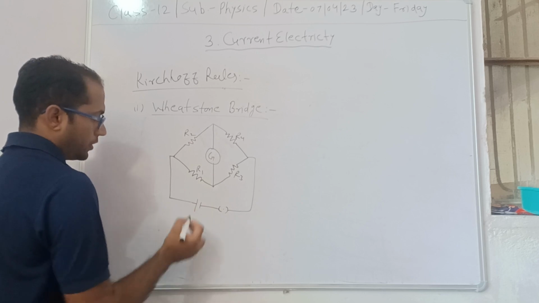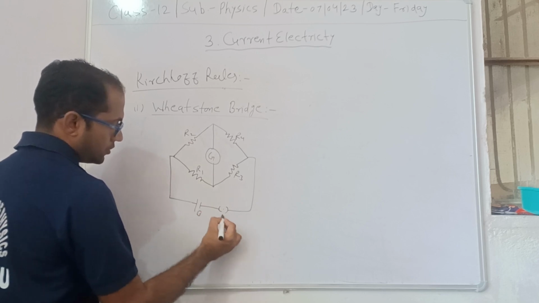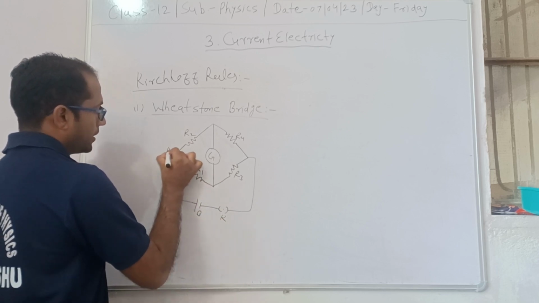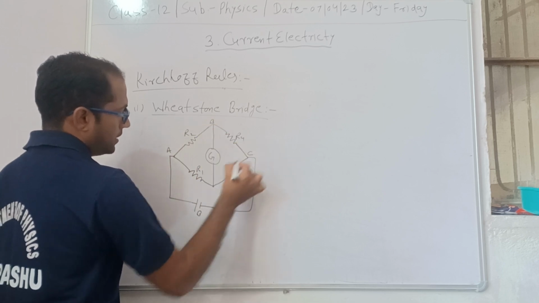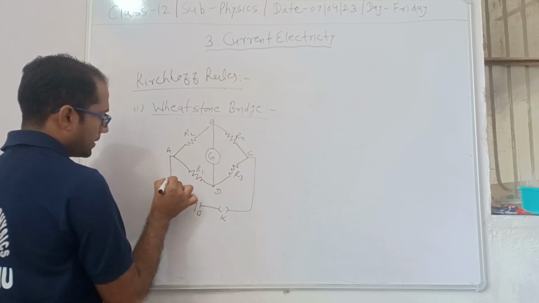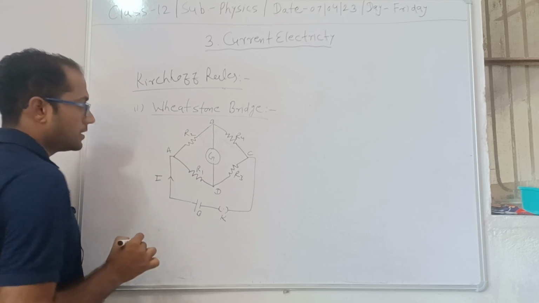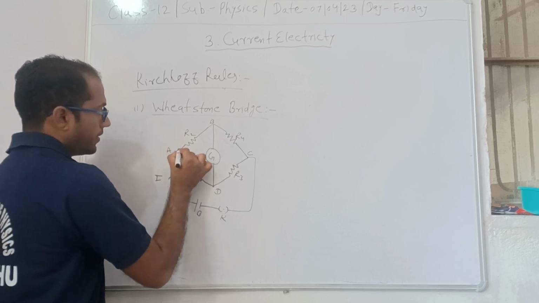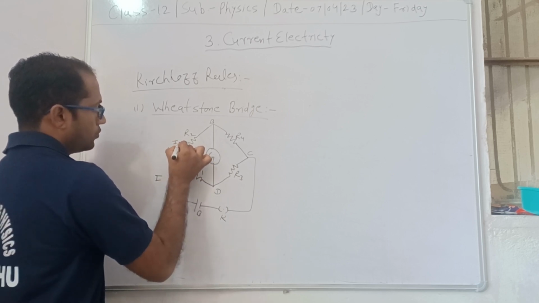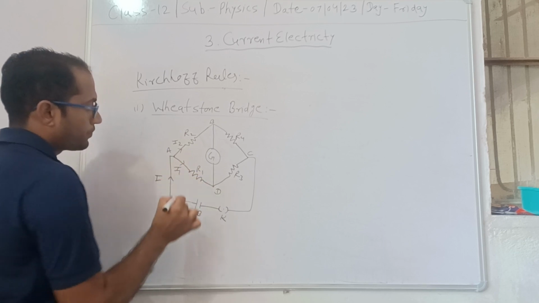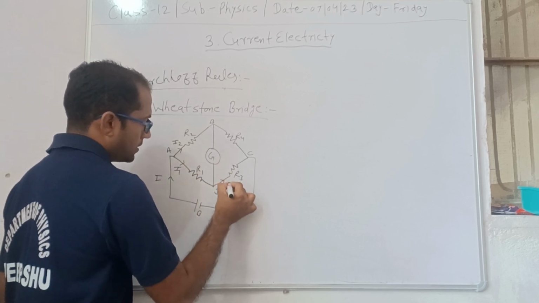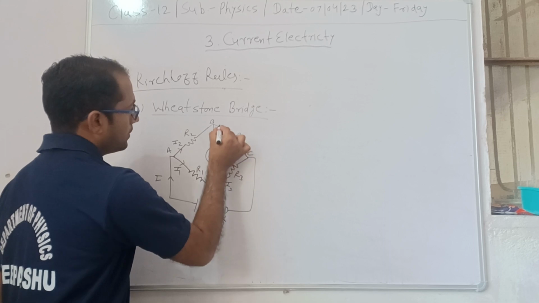Then the switch is on. The battery is B, the switch K, and these are points A, B, C, and D. Then current I flows in this circuit and is divided here into I2 and I1, and finally divided here into I3 and I4.